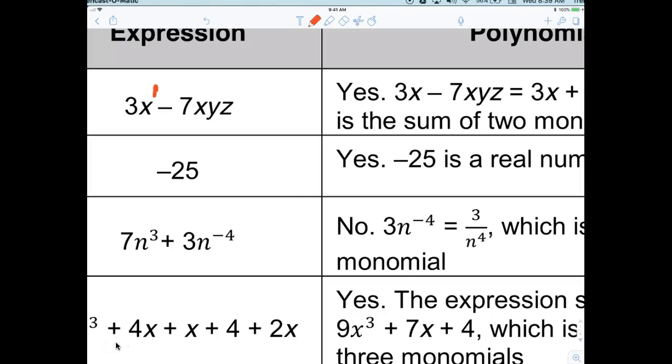Does everybody agree? This is a 1, and a 1. The degree of that monomial is 1. The degree of this monomial is 3. So the degree of the binomial is 3.